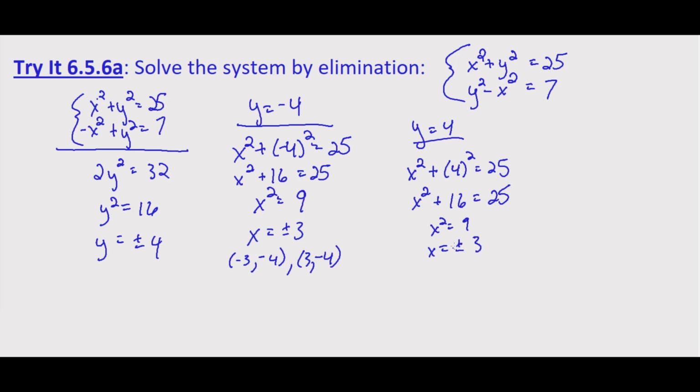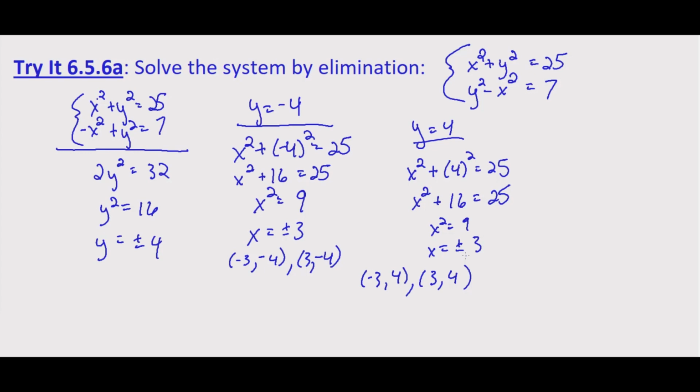So when y equals 4, x equals, again, plus or minus 3. So that gives us the points -3, 4, and, or I'm sorry, 3. I already did the -3. So -3, 4, and 3, 4.